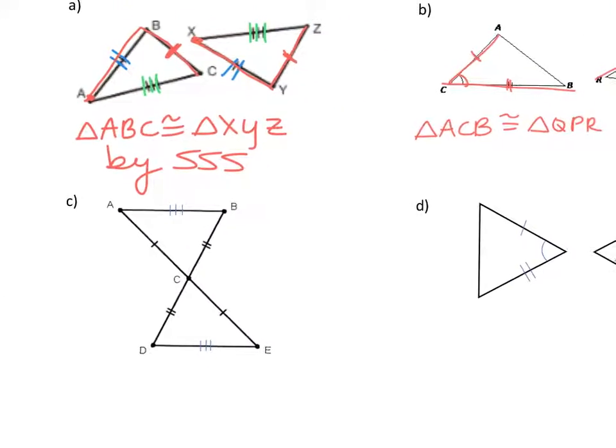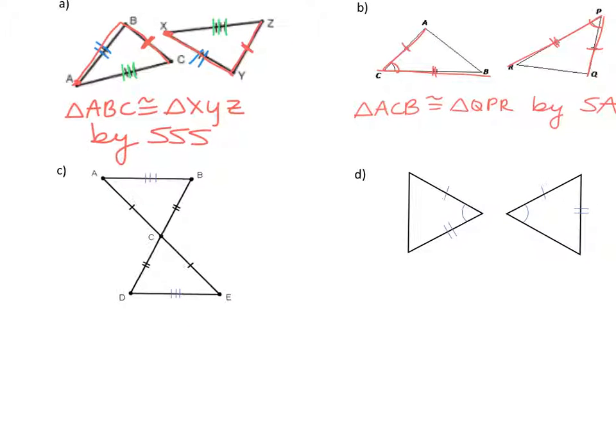All right, look at this one. Are those triangles congruent? By what? SSS or SAS, right? You have vertical angles here. So even though they're not marked congruent, vertical angles don't need to be marked.